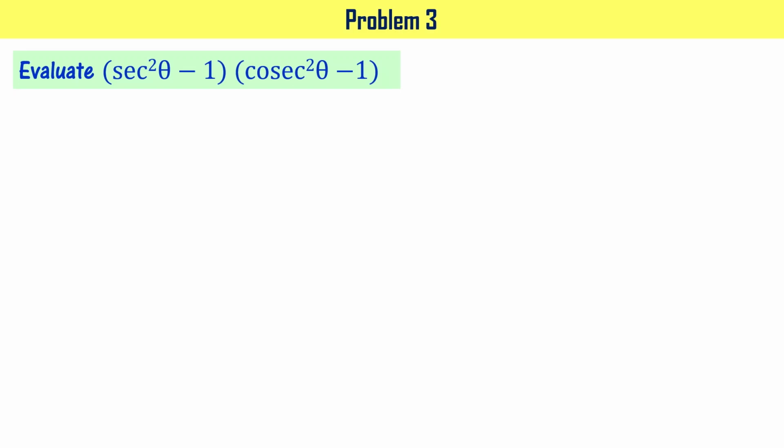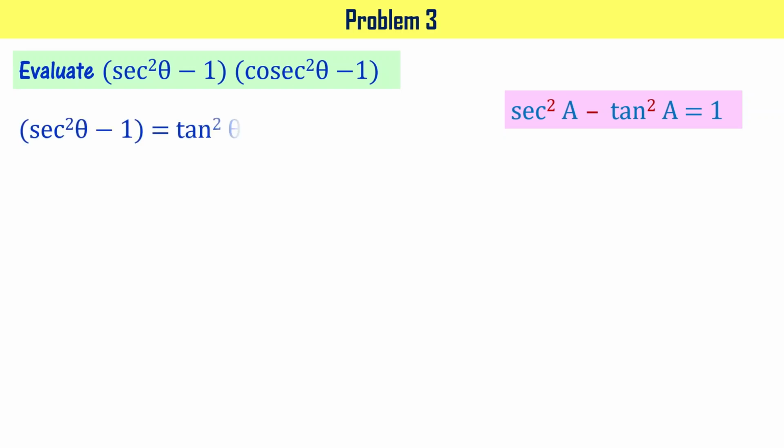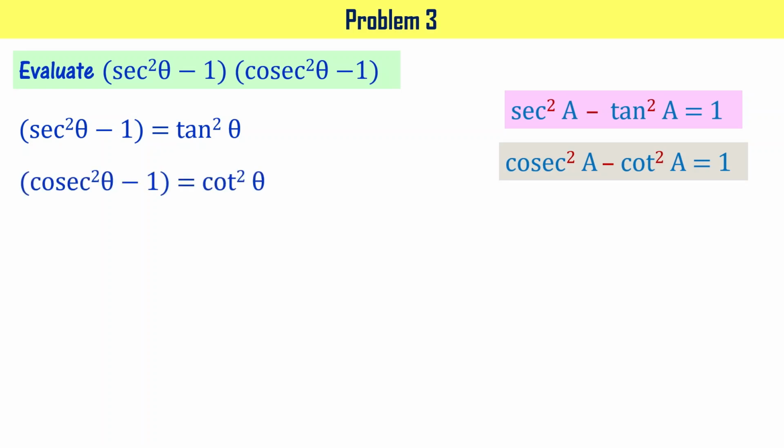Evaluate sec square theta minus 1 times cosec square theta minus 1. We know that sec square a minus tan square a equal to 1, right? It means sec square theta minus 1 becomes tan square theta. Similarly, we know cosec square a minus cot square a equal to 1. It means cosec square theta minus 1 equal to cot square theta, right?